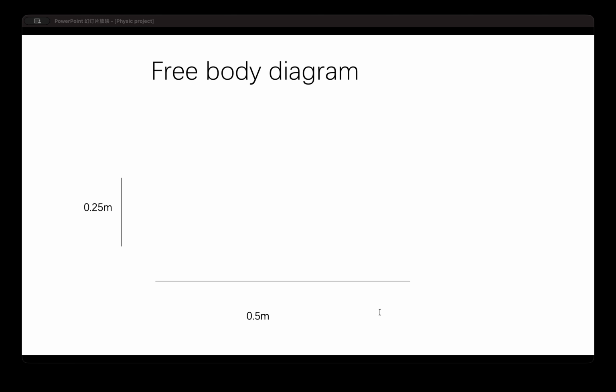So let's draw the free body diagram for part B. Because the charges are placed on the four corners of the rectangle, there will be multiple directions. We know the distance between Q1 and Q2 is 0.25 meter, and the distance between Q2 and Q3 is 0.5 meter.